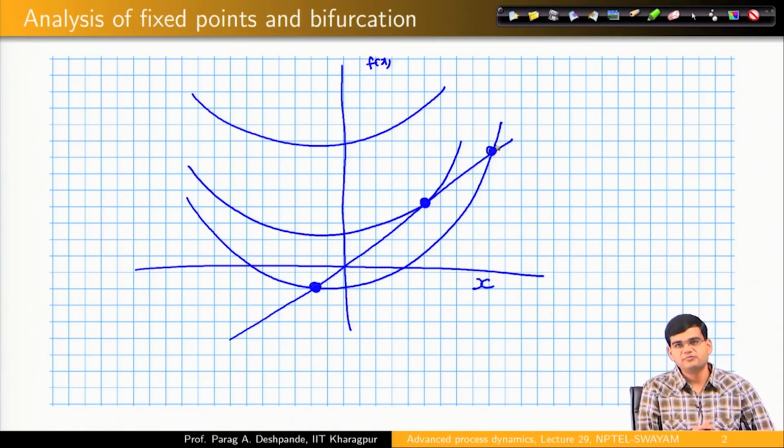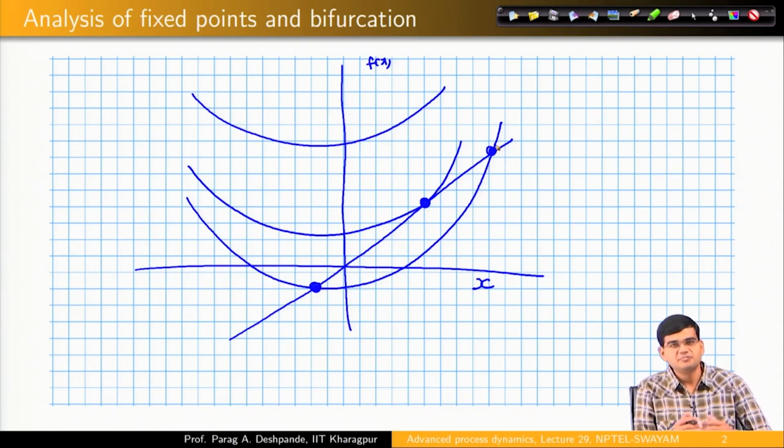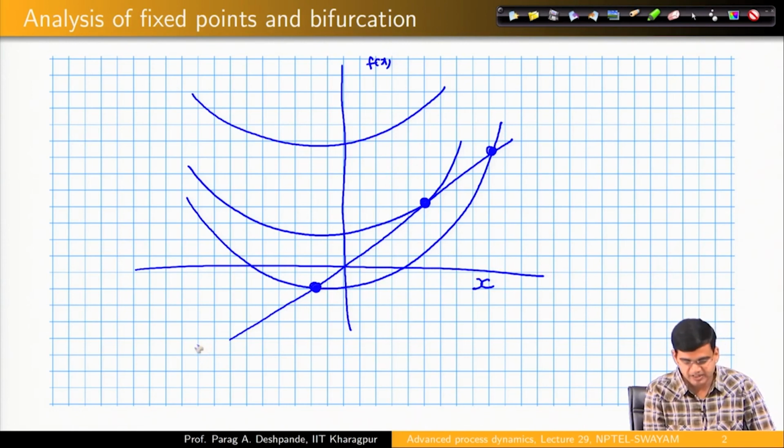So, as the value of parameter c changes, my fixed points vanish or appear, and such kind of bifurcations are called tangent bifurcation.